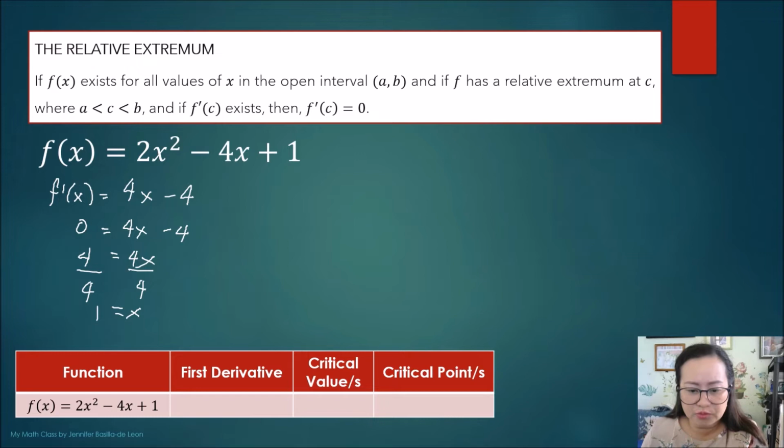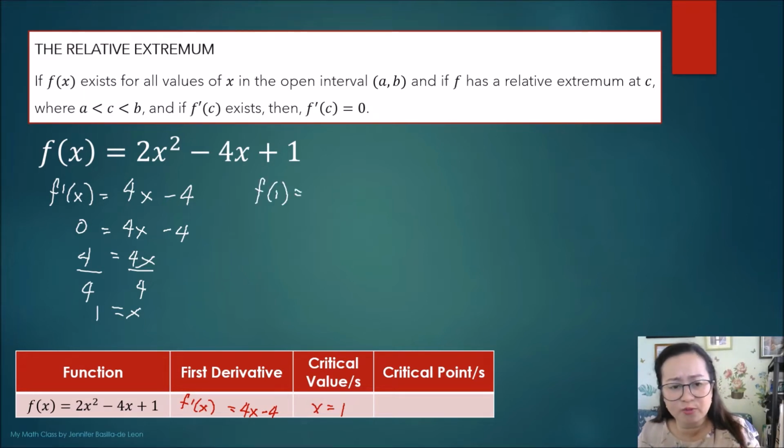Fill in the table. The first derivative is f prime of x equals 4x minus 4. Its critical value is x equals 1. Now, to get the critical point, we have to evaluate f(x) at x equals 1.